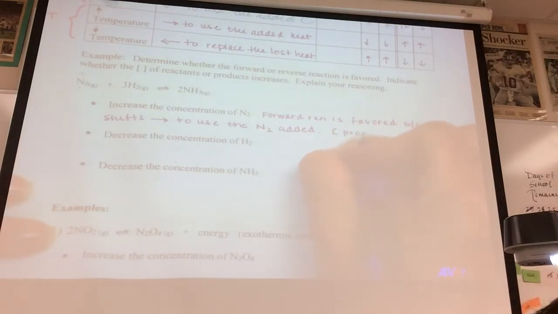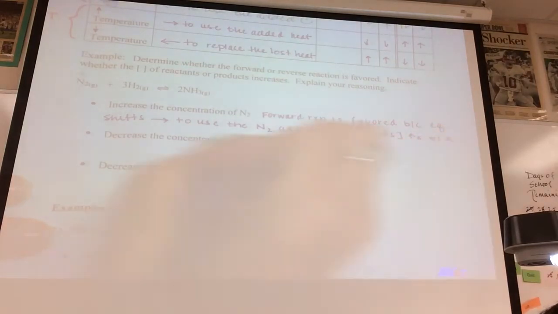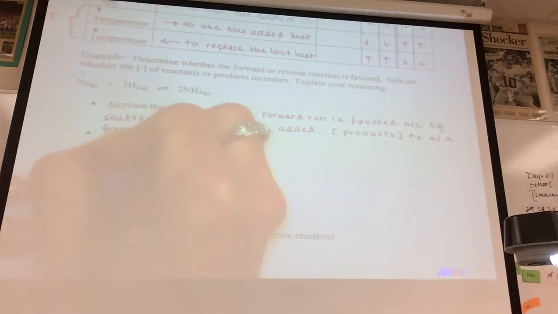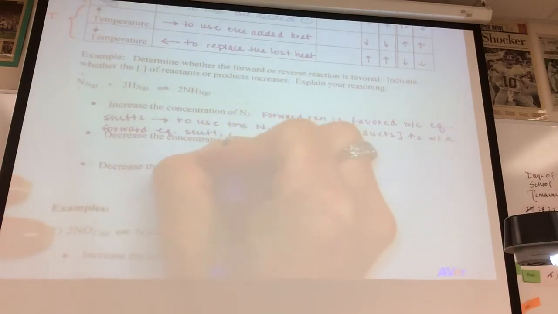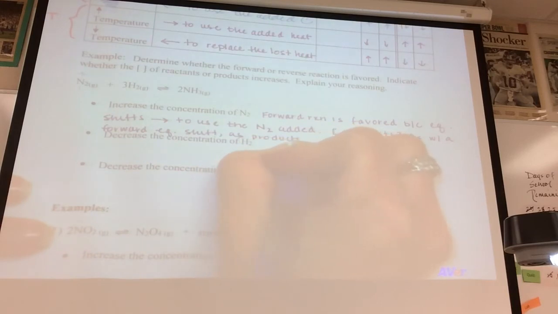Concentration of products increases with a forward equilibrium shift as products get generated, made, produced, whatever.